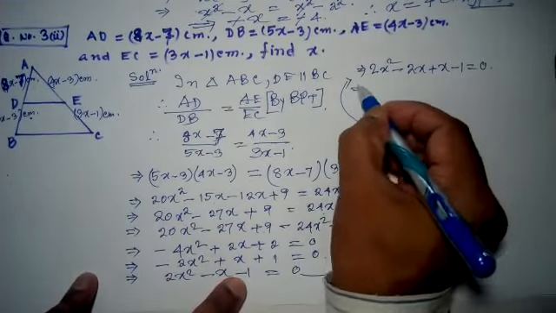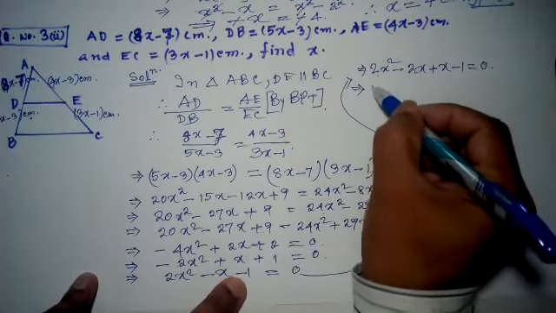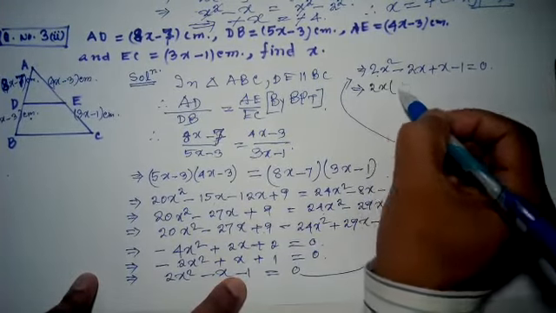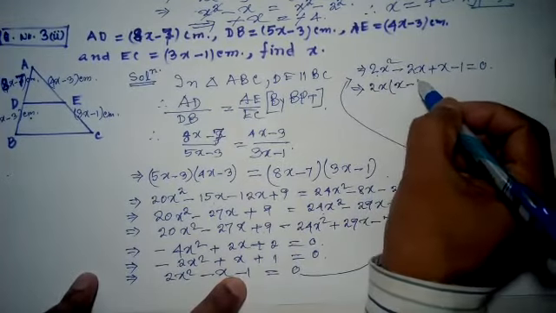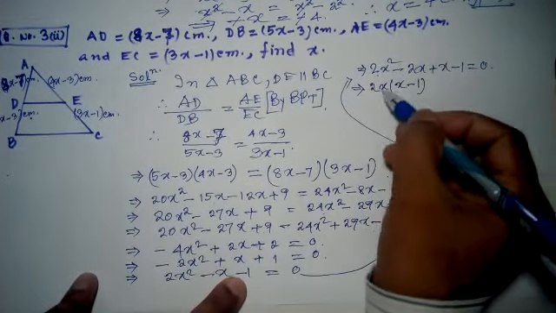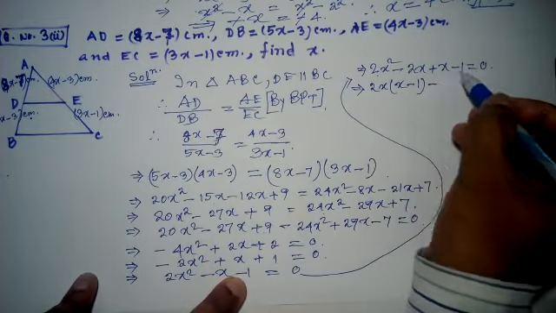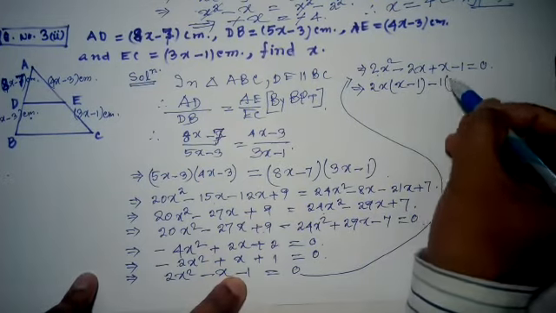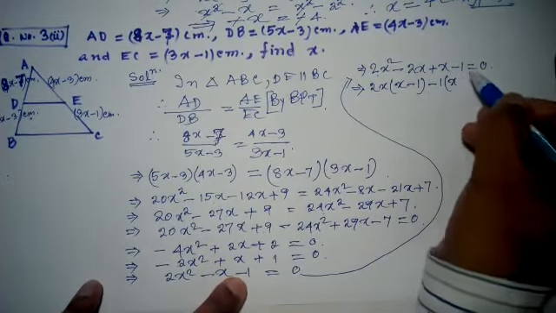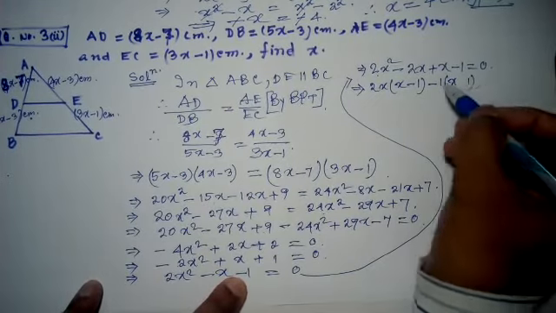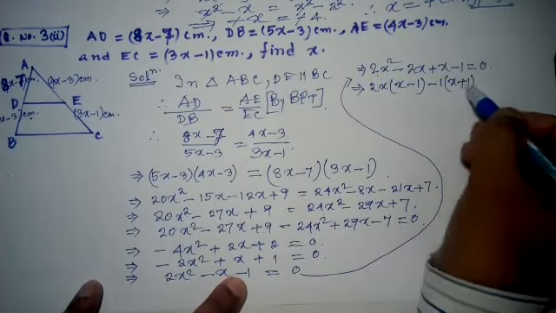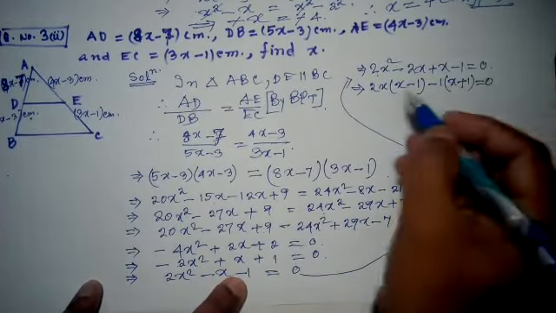Then from the first two terms you take 2x common, so it will remain x minus 1, dividing 2x by 2x. From this and this only 1 is common, so divide by 1, it will be 1 only, minus into minus, it will be plus 1 is equal to 0.